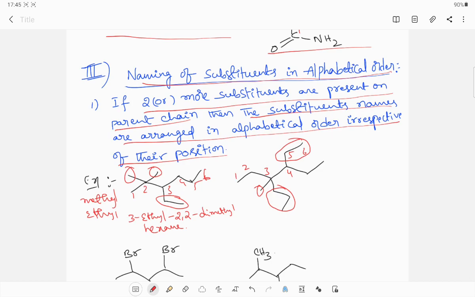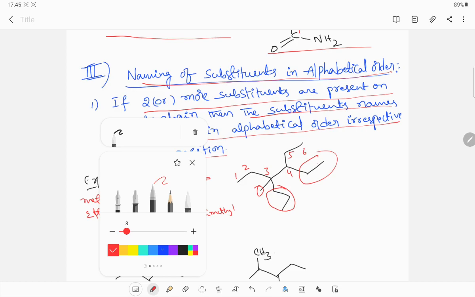Look here, substituents we need to consider. Sorry, it is not a substituent. This is the substituent. See, but this is the wrong numbering process. Why? Already we said in the second rule, if substituents are at equidistance.